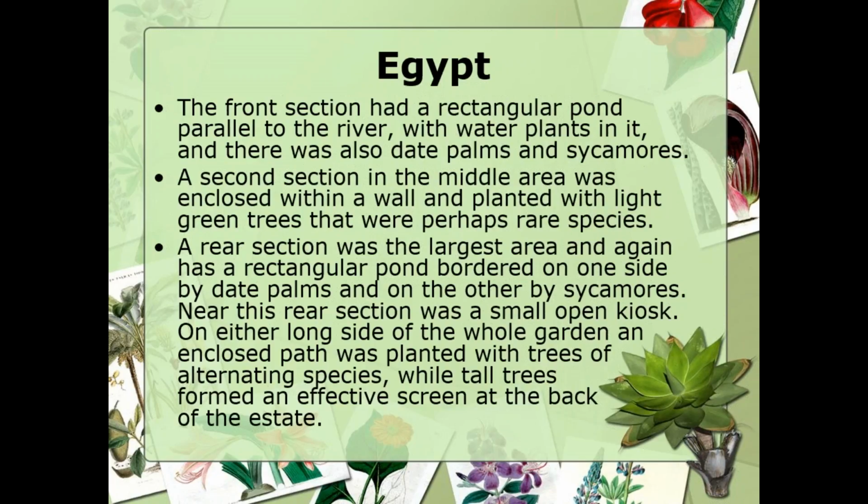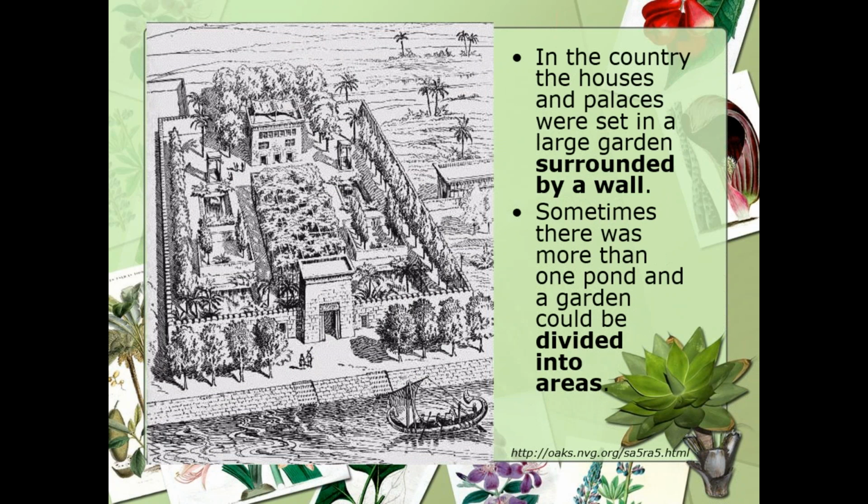Near the rear section there was an open kiosk. On either long side of the whole garden, an enclosed path was planted with trees of alternating species, while tall trees formed an effective screen at the back of the estate. So here's that effective screen. And here's the variety of probably special species.